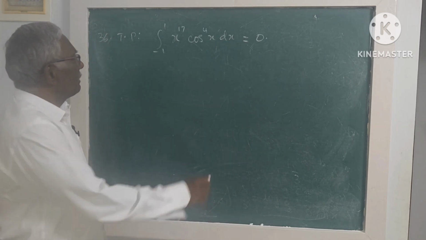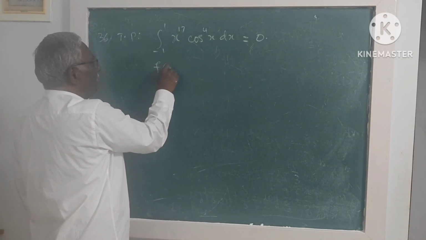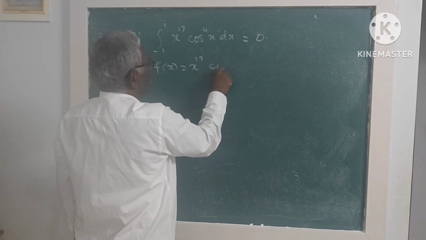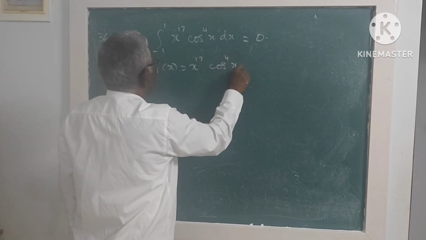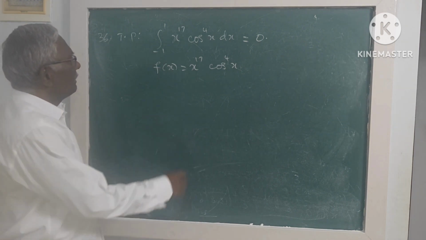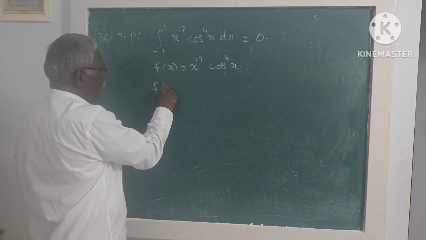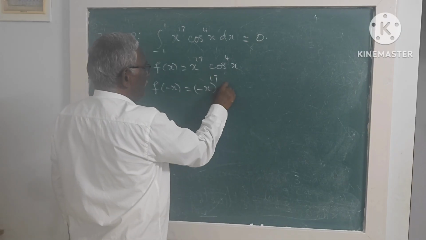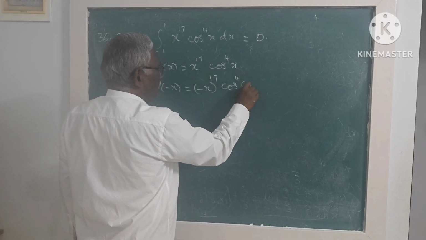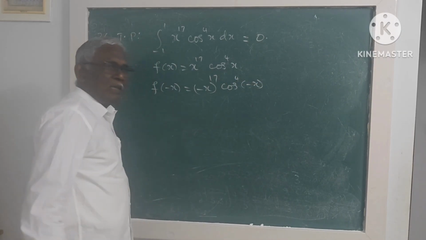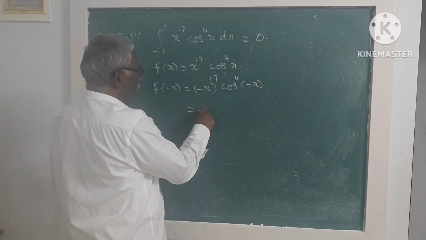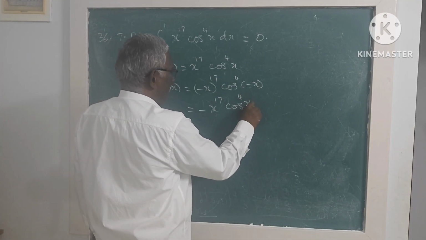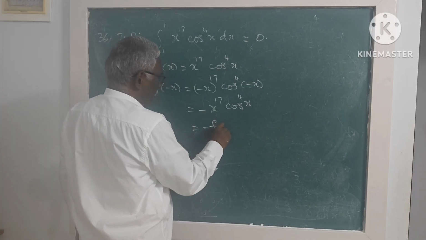So in this integral, f of x is x power 17 cos power 4x. We'll find f of minus x: minus x power 17 cos power 4 of minus x. So this will become minus x power 17 cos power 4x, which is equal to minus f of x.